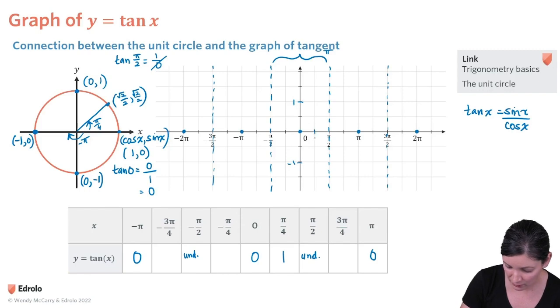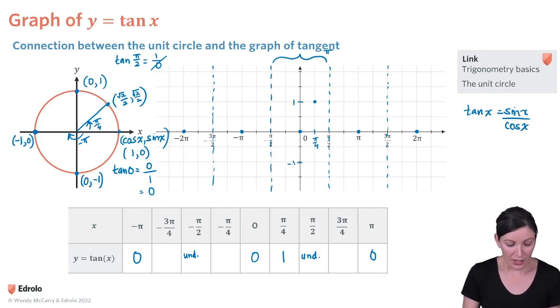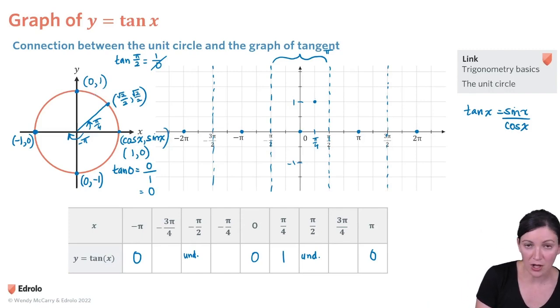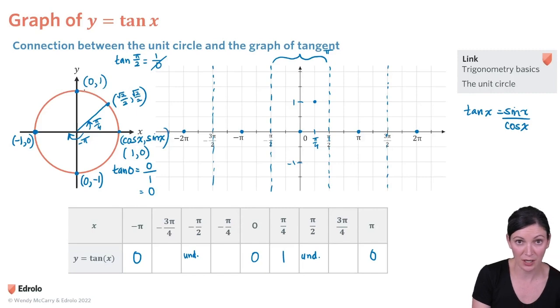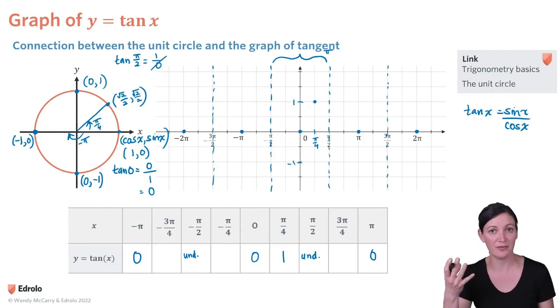So at pi on 4 radians, I've got a point here at 1. Now as I move along this curve, the value of cosine starts to approach 0. That means my denominator gets smaller and smaller, and when I'm dividing by a very small number, the value gets bigger and bigger.